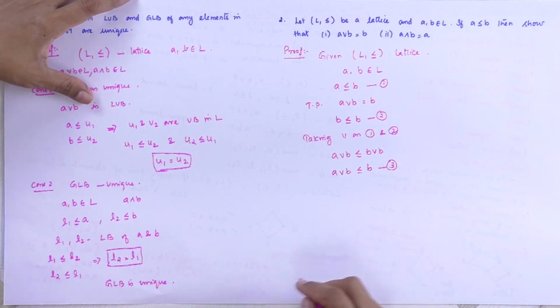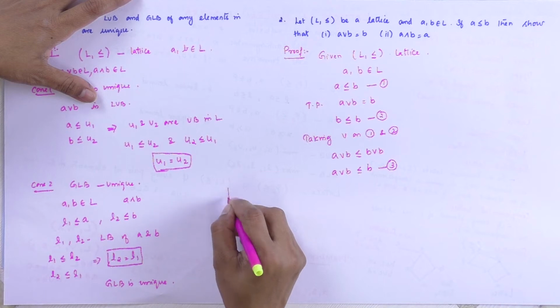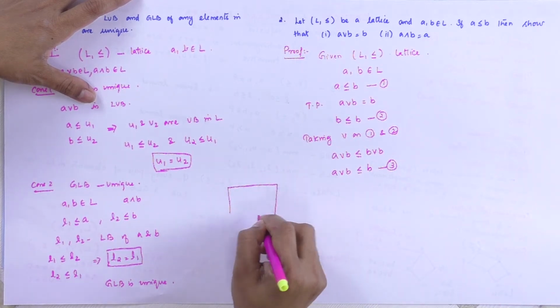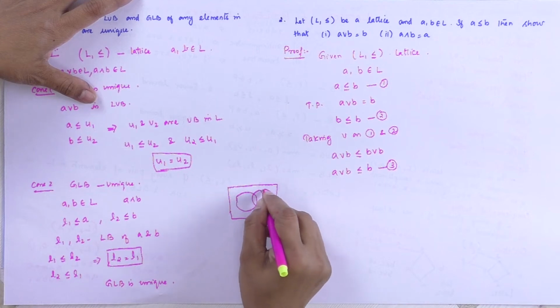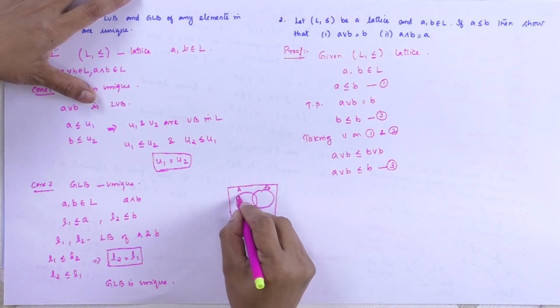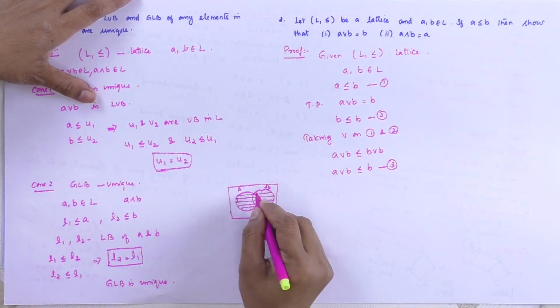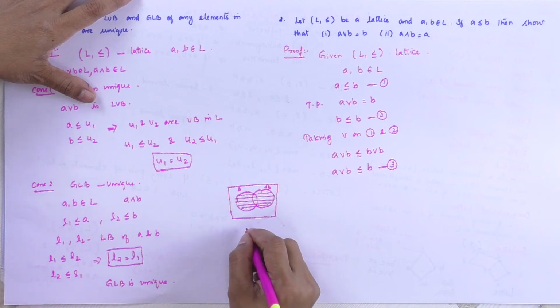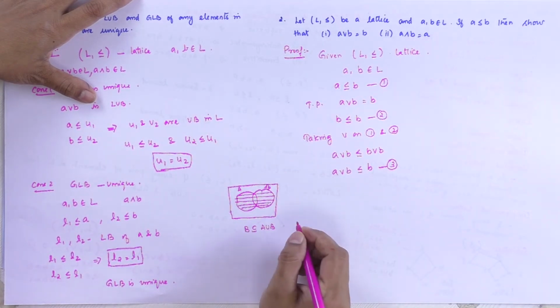But as far as set theory is concerned, please have a quick review of set theory. I will have two sets, A and B here. My A union B will be the entire portion. Will I not be able to say that B is a subset of A union B in this case?